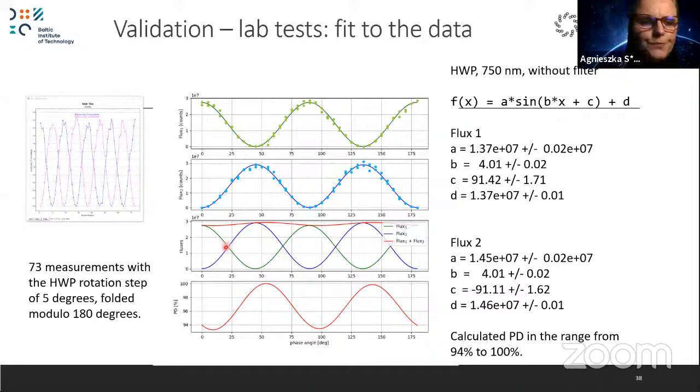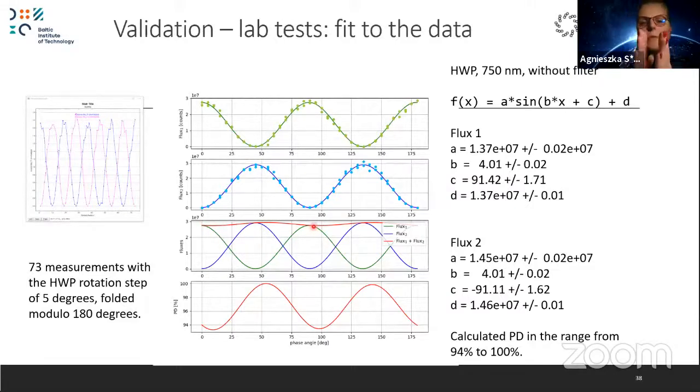If we go back to the lab data, you can see here the raw measurements. On the upper panel you see the sine function for the upper spot, and the second panel shows the lower spot. On the third panel, both fitted sine functions are shown, and the red line indicates the sum of them.